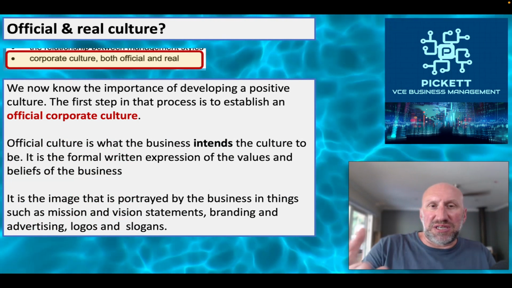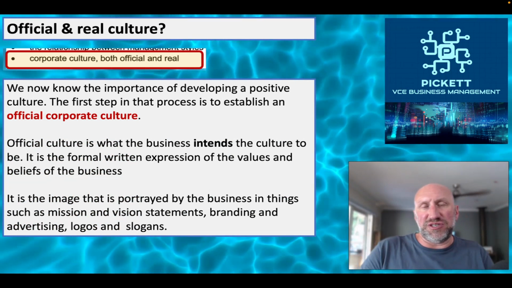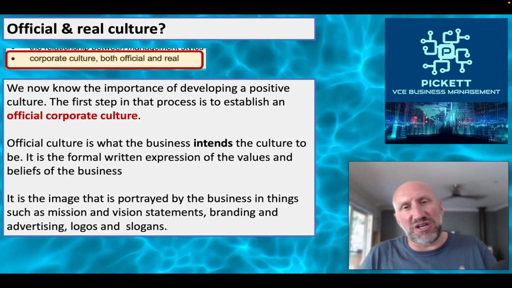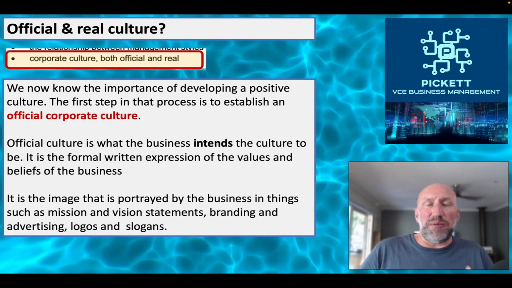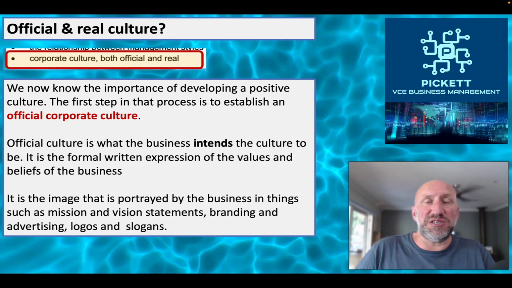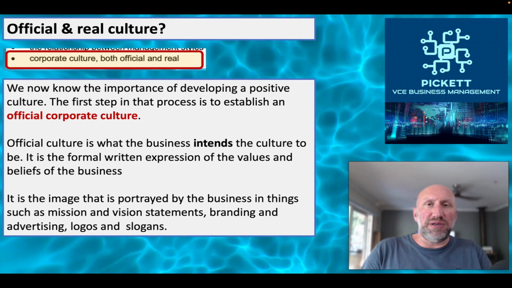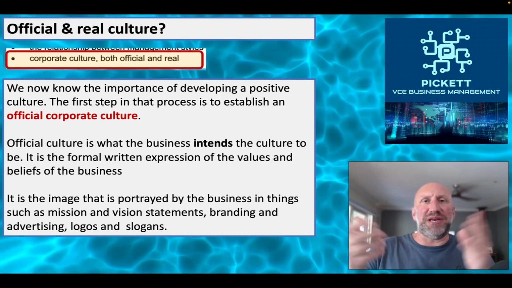It's portrayed in mission statements and vision statements, branding, advertising, logos, slogans, the way that customer service is provided. Basically, the official culture is what the business is saying: this is how it is.